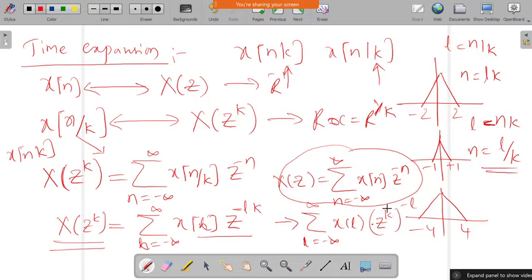If you replace n by l by k here, you will get z power 1 over k. That is what you will get for x of nk.